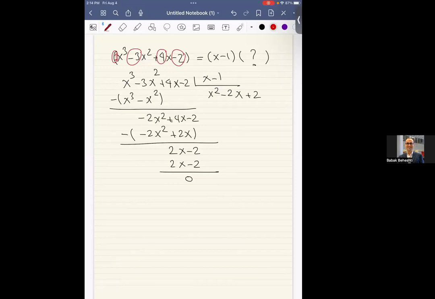But this is easier, and the other doesn't always work. Here, if 1 is a root, that means the sum of the coefficients is 0.